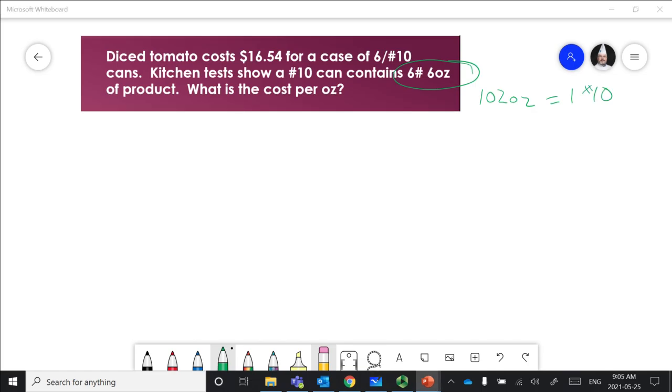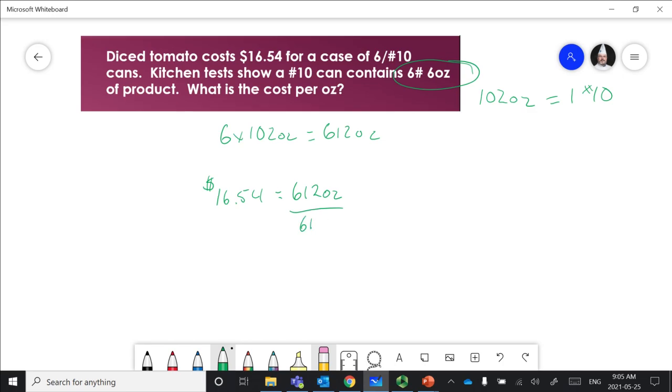But we have 6 cans in that case. So we can figure out the total weight of the case by multiplying 6 times 102 ounces, which gives us 612 ounces in our case. Once we have that, we know that $16.54 is what our case cost, and that equals 612 ounces.